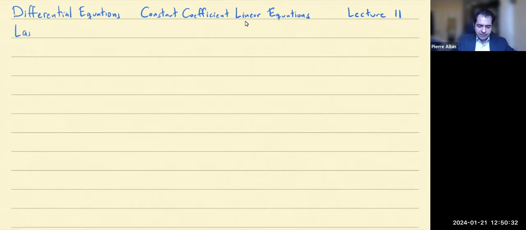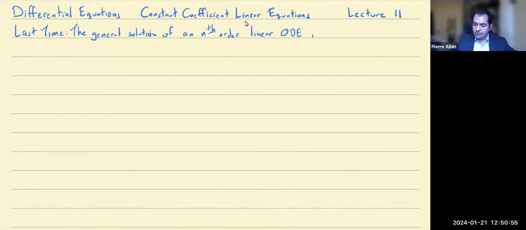Last time, we talked about how the general solution of an nth order linear ordinary differential equation is a linear combination of n linearly independent solutions, right?